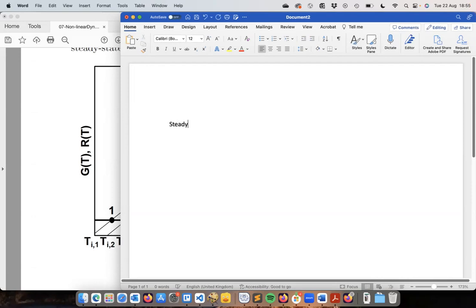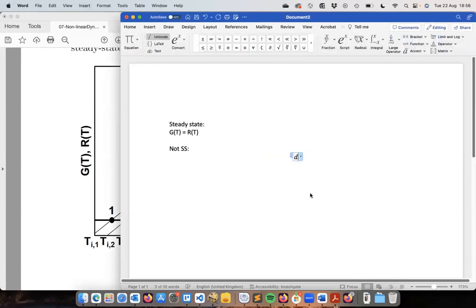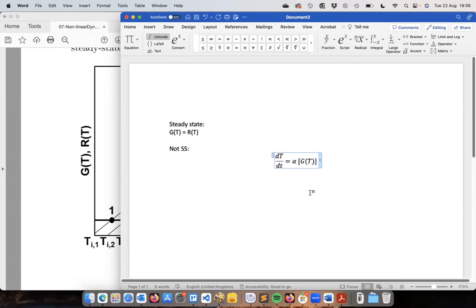So we can say at steady state, we have that G of T equals R of T. But if it's not at steady state, then we can write at least something like this. We can say dT/dt is going to be proportional to G of T minus R of T.